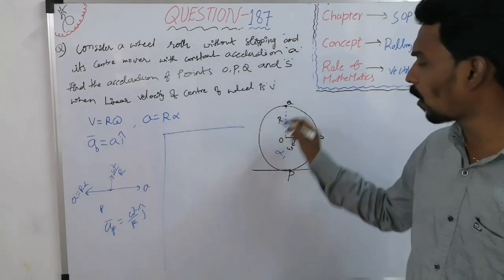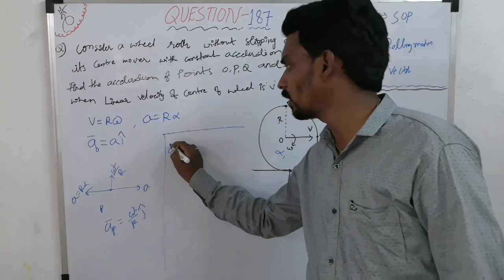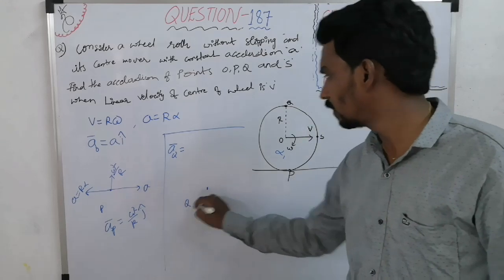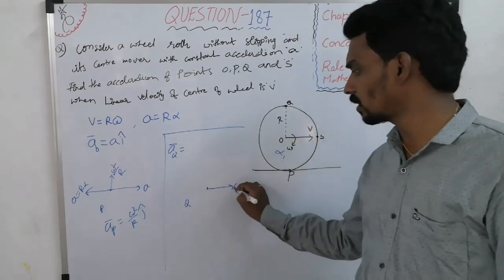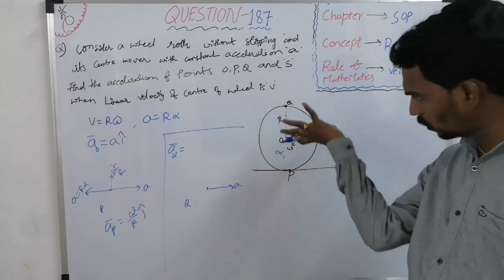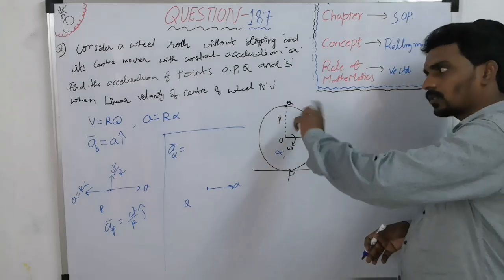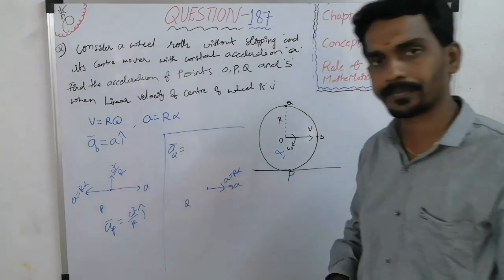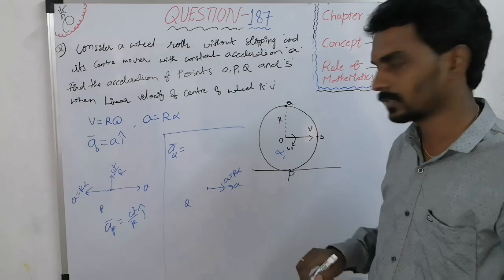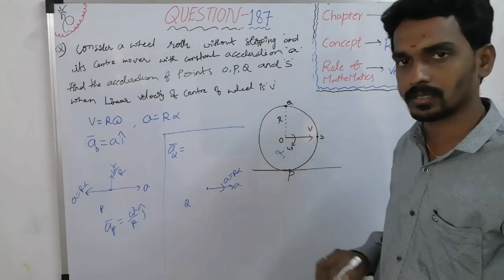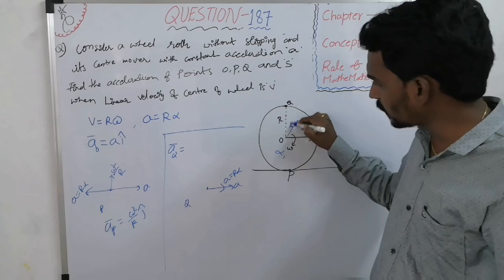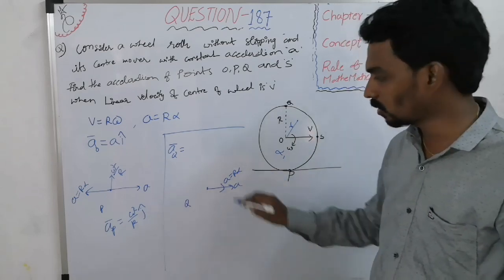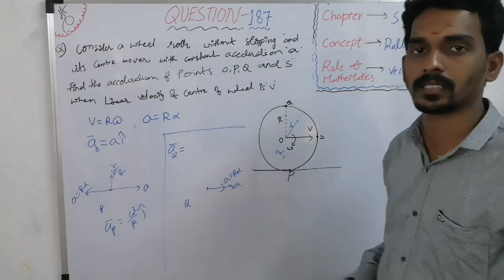Similarly, if you take the point Q, there is forward acceleration due to translational motion, and the rotation is also forward for this point, so there is one more acceleration, that is r alpha. Of course both are the same, because the point is on the surface. If the point is inside at a distance small r, then this will become small r alpha, not equal to a, and you have to take it as tangential acceleration.